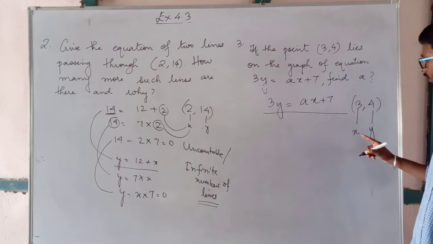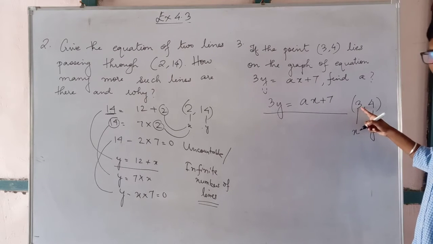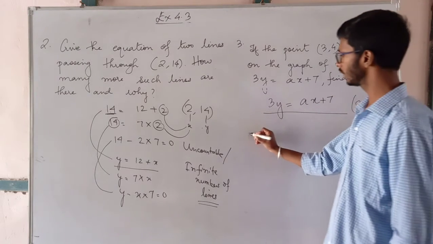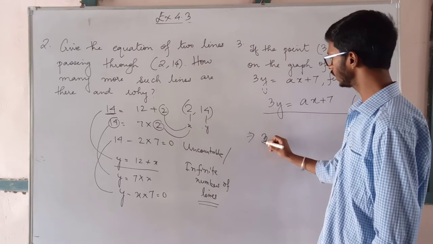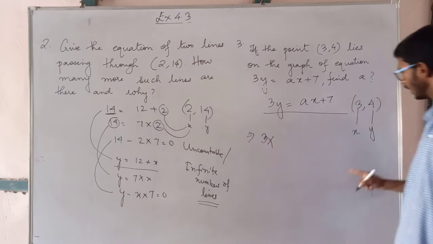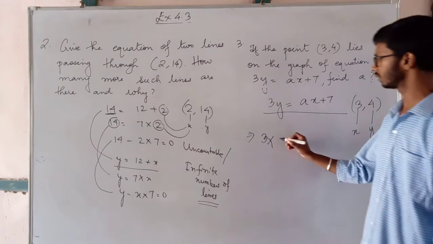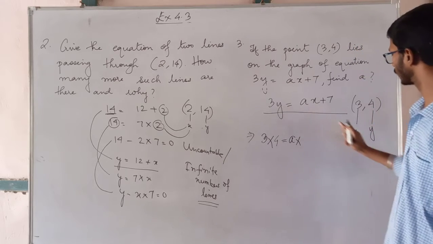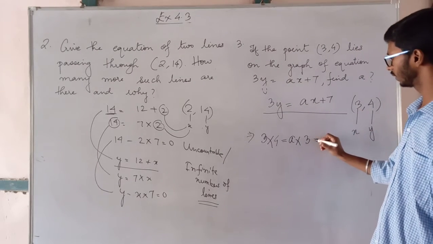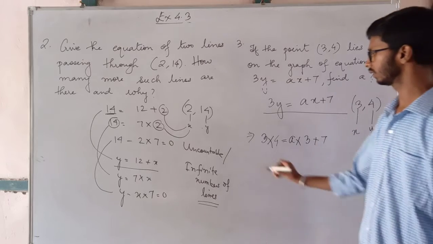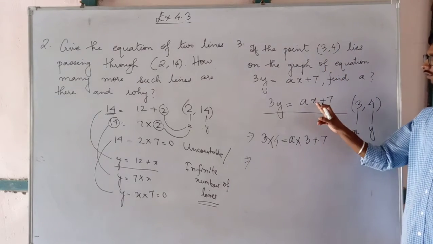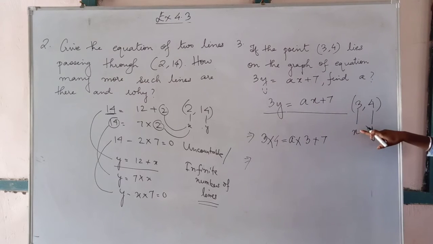So now we can put the values of x as 3 and y as 4 in this equation. So let us put 3 into y. What is our y? y is 4. a into x, x means 3, plus 7. So we have substituted the values of x and y as 3 and 4.